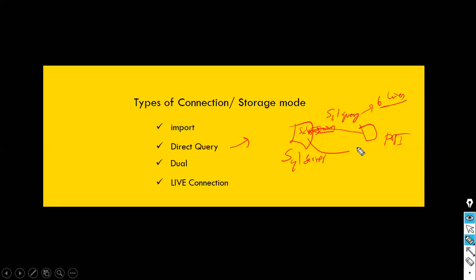The output of the query will be sent back to your Power BI Desktop. This is called query folding. This option is available only for specific source systems: Microsoft SQL Server, Oracle, Teradata, SAP HANA. Only for specific data sources, this option is available. With MySQL, it is not working.